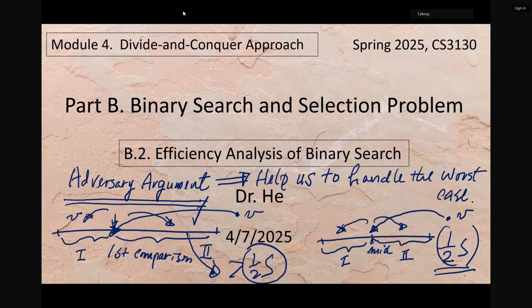That's the adversary argument. Later, when we solve other problems, sometimes you need to consider this adversary argument to help you fight against the worst case. All right? So let's move to the efficiency part.